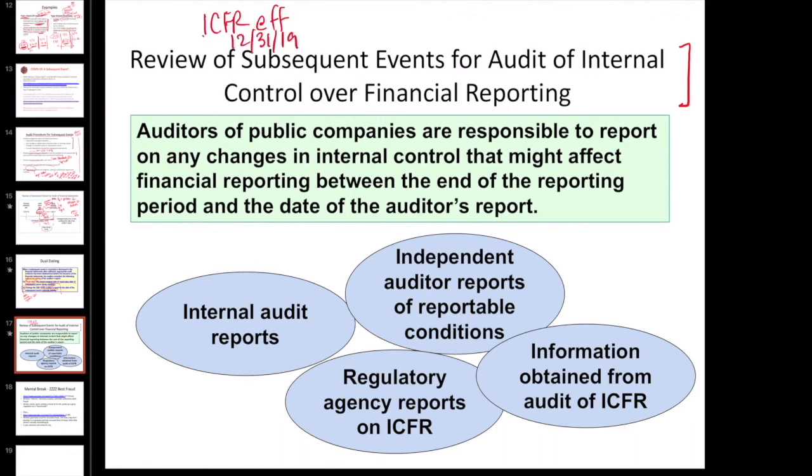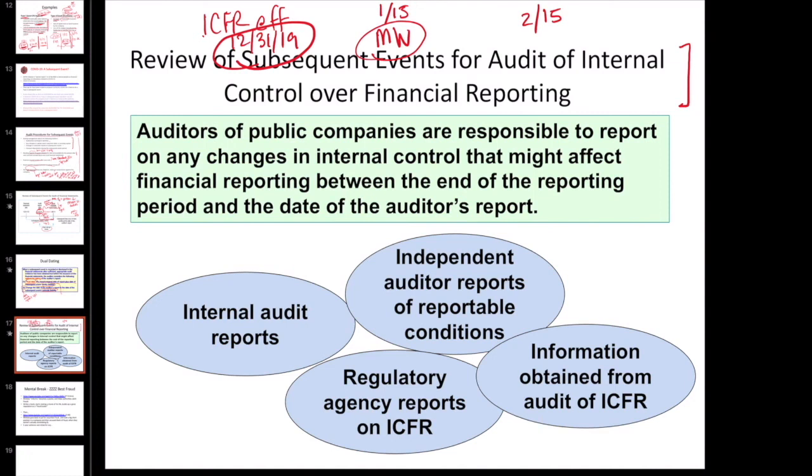And of course, same as before, my opinion is being issued 2/15. But then on 1/15, I discover something that makes me think there's a material weakness, right? So this material weakness could make me think it existed as of 12/31. It could make me think, hey, this just relates to January and will be applicable going forward. That would be kind of like a type 2.